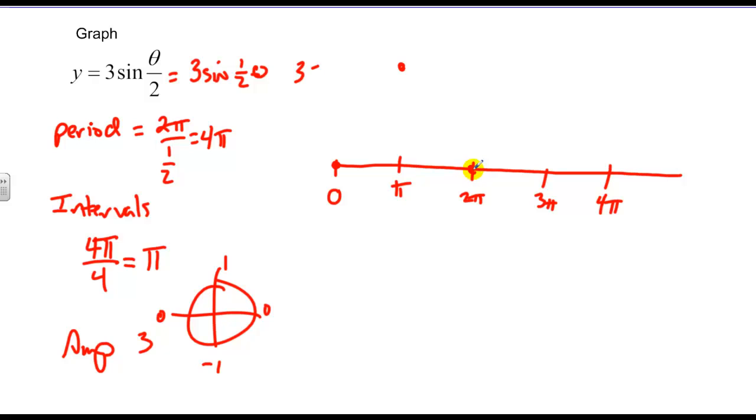I go back to 0, go down to -1, and back up. And once again, this travels from 3 to -3 on my amplitude.